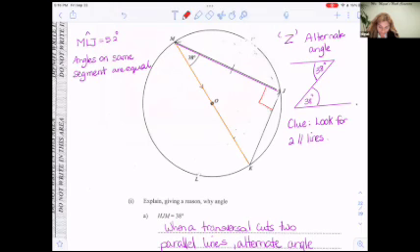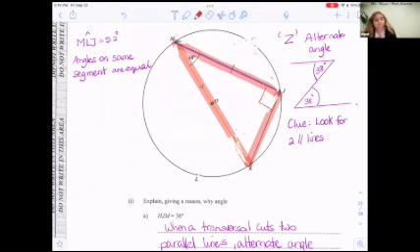And this is a right angle triangle. Can you all see that? So that is the second reason. You all following so far? This line here is the diameter.